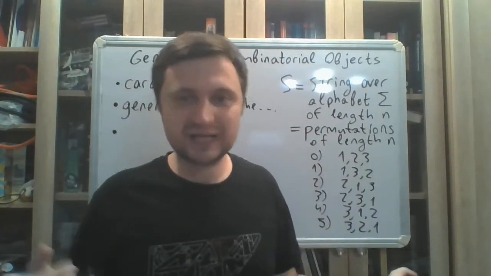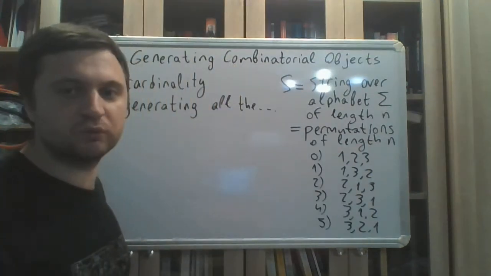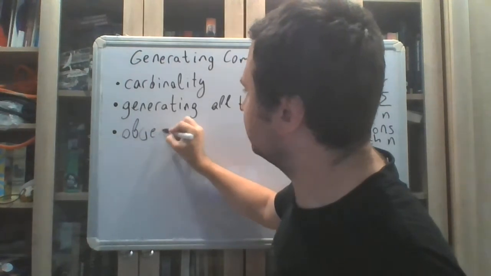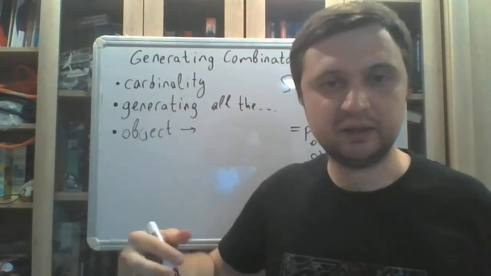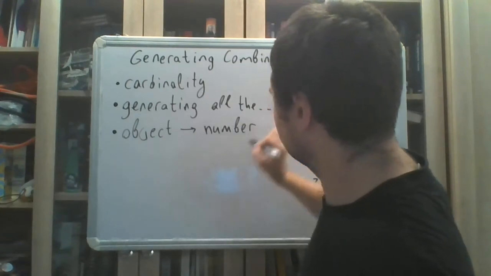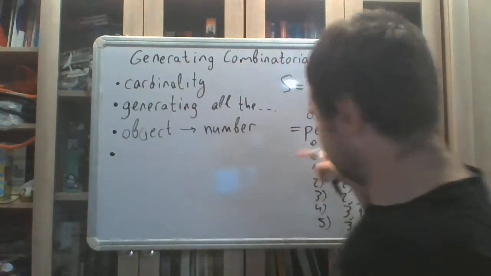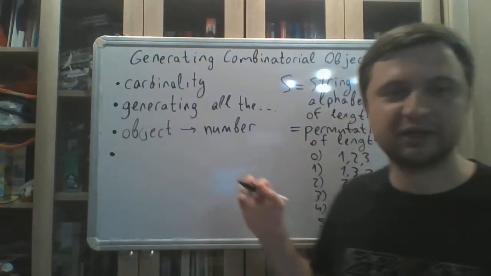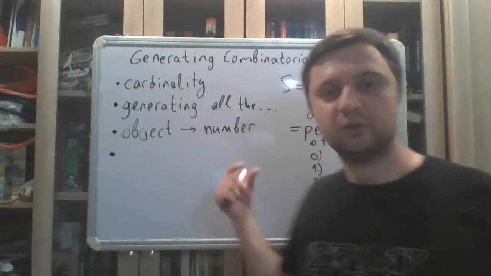With this enumeration, we can solve the following tasks. We can take the object and retrieve its number in this enumeration. So what is the number in the entire list of this permutation?